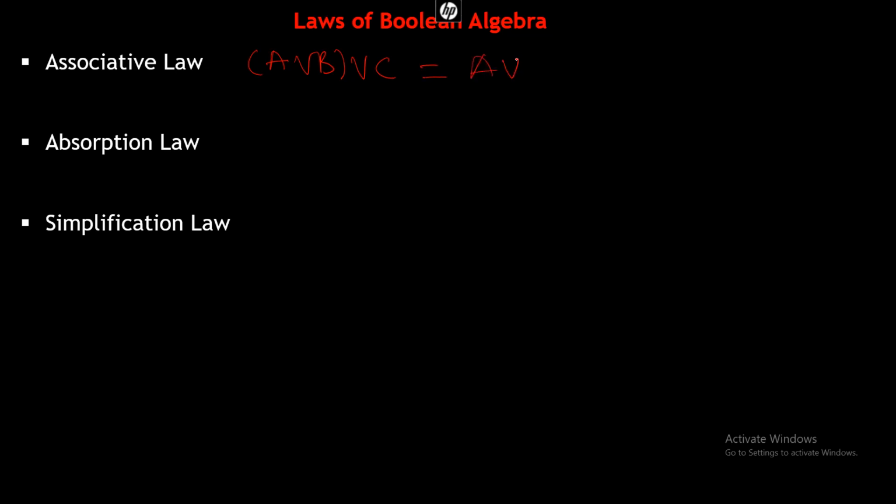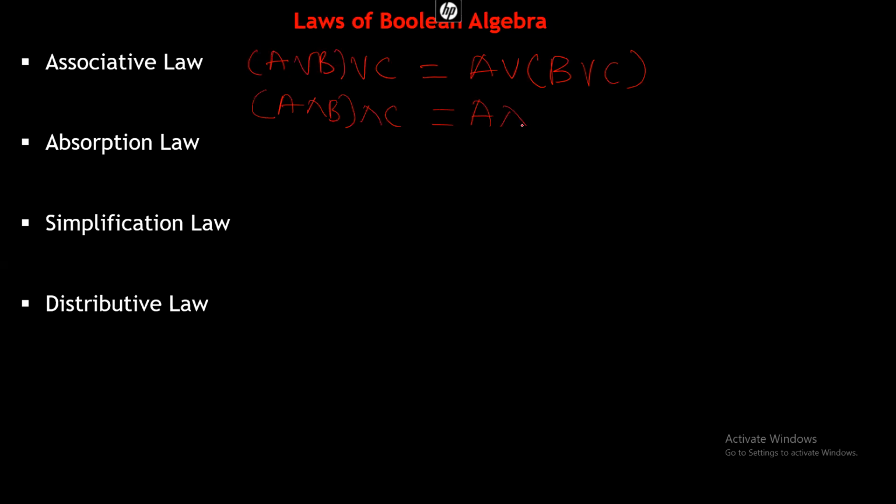So you have your A. So with associative, this is possible for OR. Then for AND, this is also possible. So you have your A. So this is also possible.